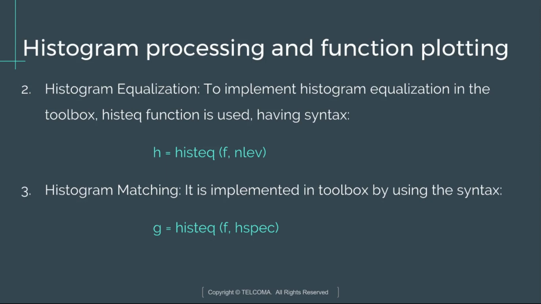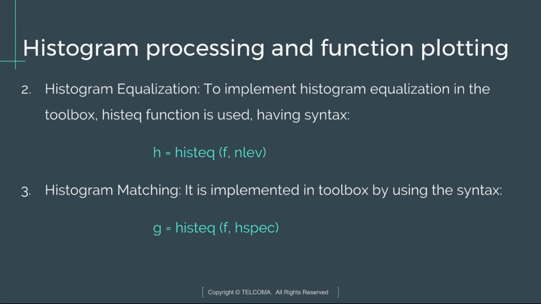Next is histogram equalization. Histogram equalization is implemented in the toolbox by the function histeq, whose basic syntax is shown as h = histeq(f, nlev), where f is the input image and nlev is the number of intensity levels specified for the output image.